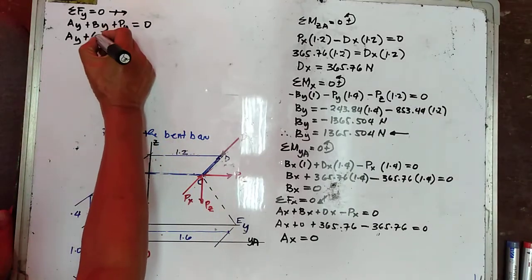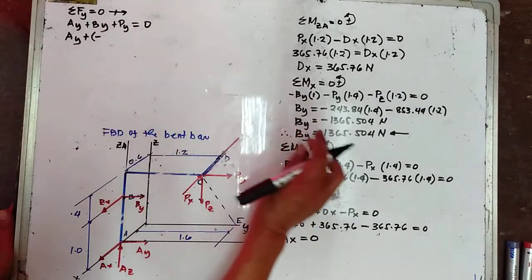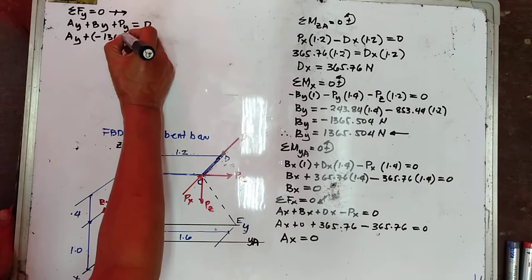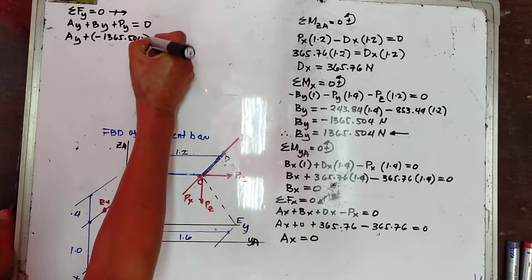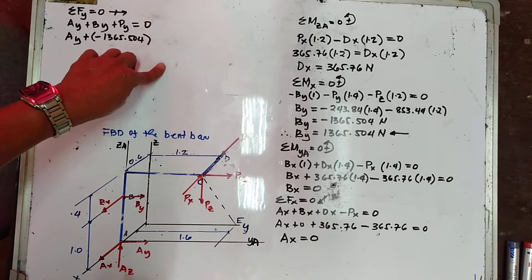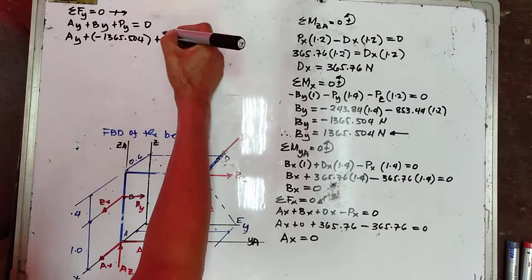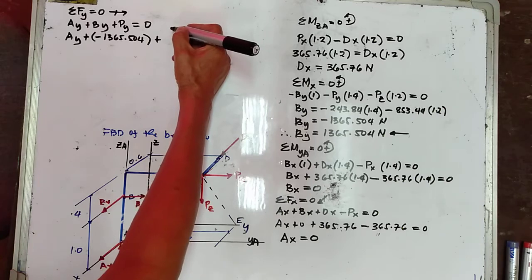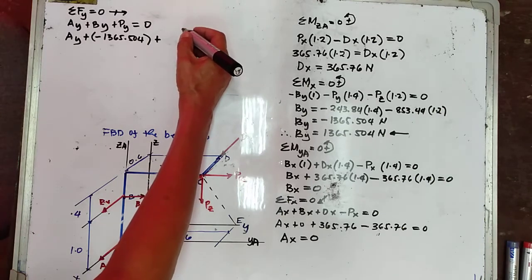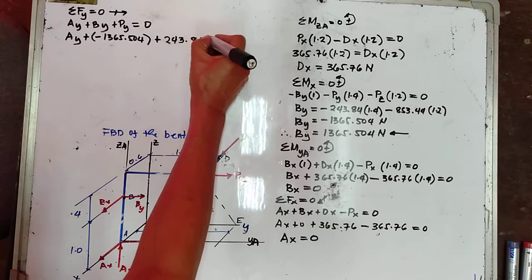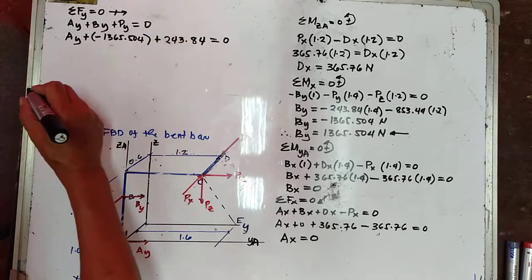So we have to use the negative sign, that is minus 1365.504 plus py, and the value of py is equal to 243.84, and that one is equal to 0.